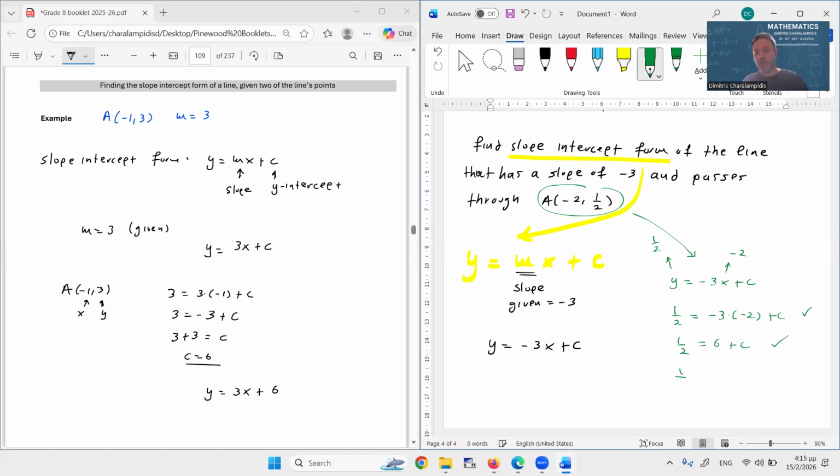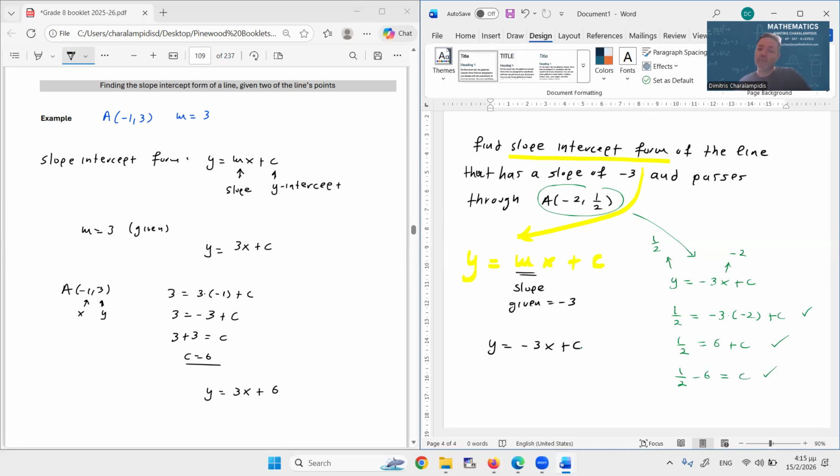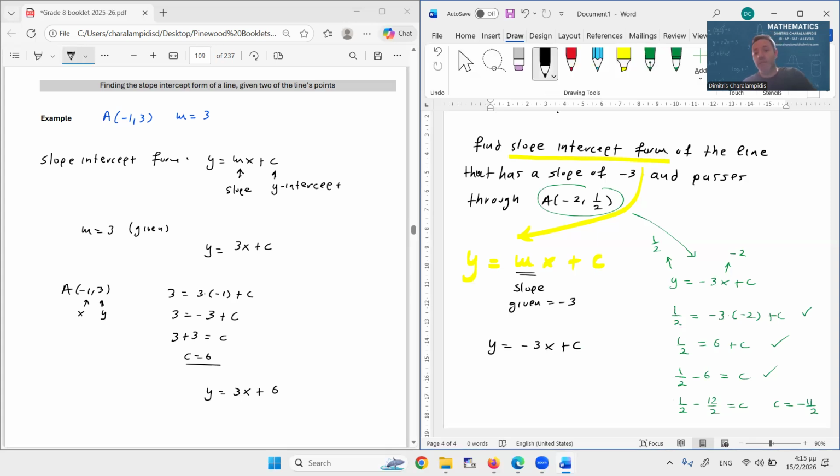So 1/2 minus 6 is c is also true. But this is the same as 1/2 minus 12 over 2 is c. So finally c is minus 11 over 2, which means that the line I was looking for has an equation of negative 3x minus 11 over 2. And that would be all.